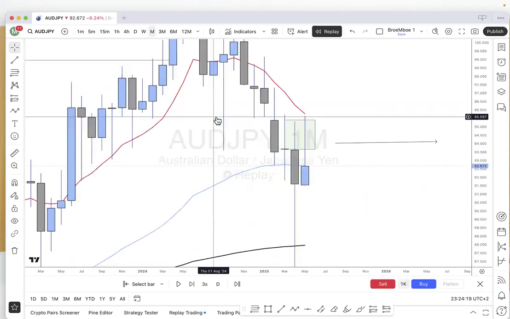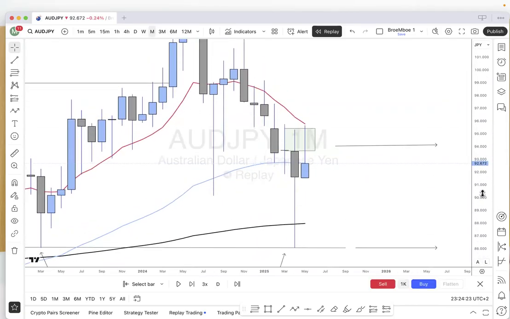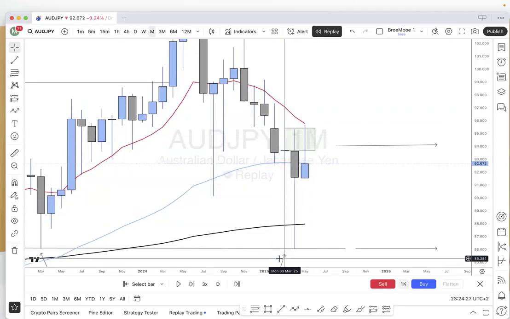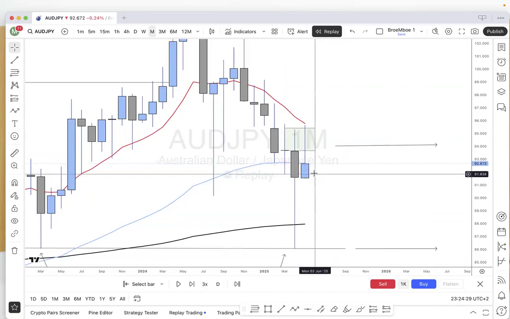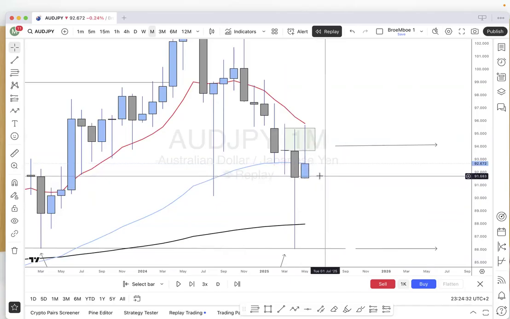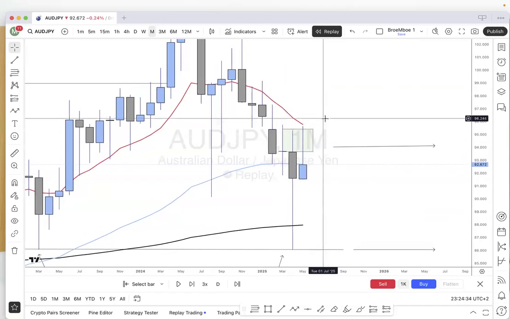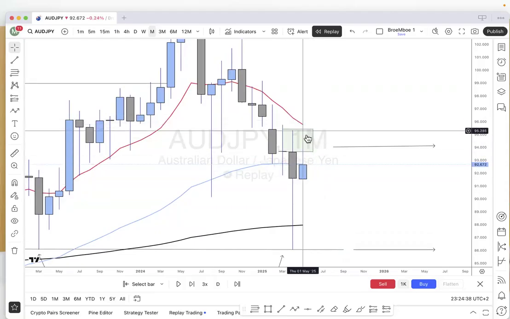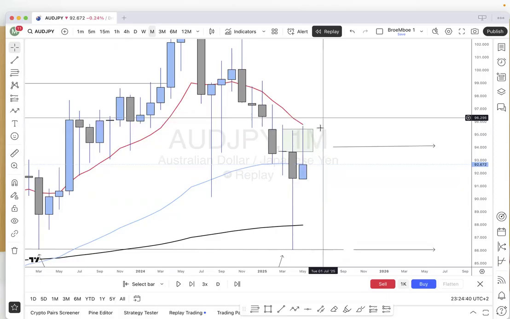I don't know if the monthly shows anything. The only thing the monthly shows is that we did move bearish here, and then this new month started with us pushing higher to clear stop losses, clear anyone who had already gotten in, and now we were pushing back down.